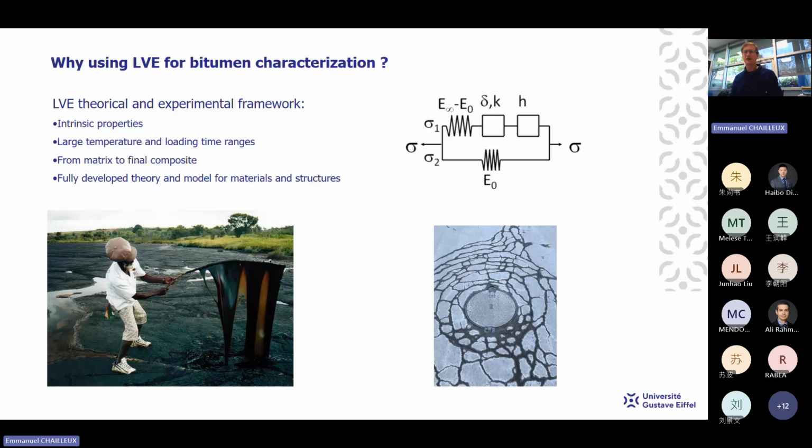And we have a fully developed theory and model for our bituminous material and structure. It is why the linear viscoelasticity theoretical and experimental framework is very useful for our material, which is dominated by the viscoelastic nature of bitumen.